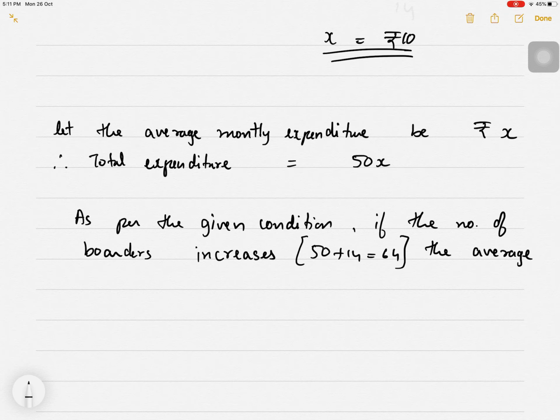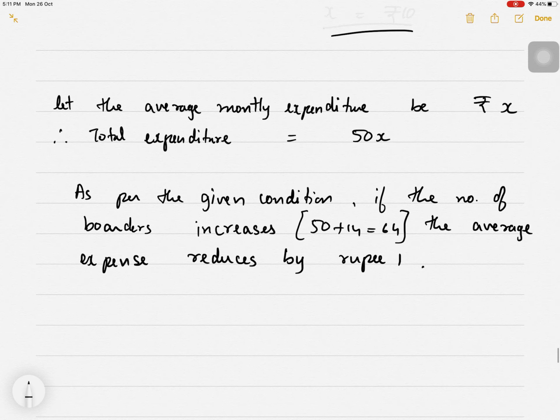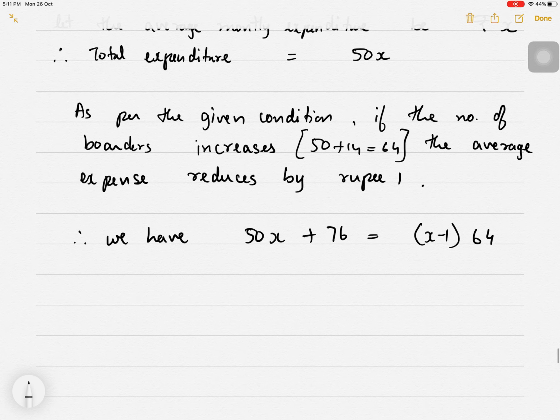the average expense reduces by rupee 1. Therefore, we have 50x plus 76 is equal to x minus 1 into 64.